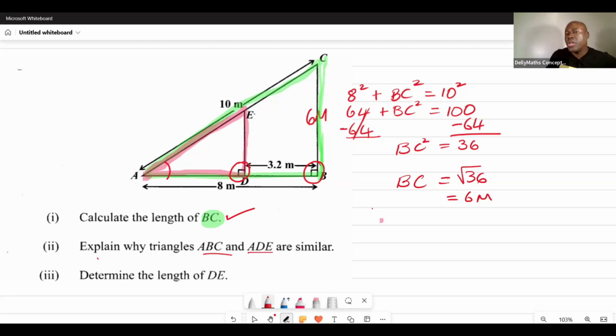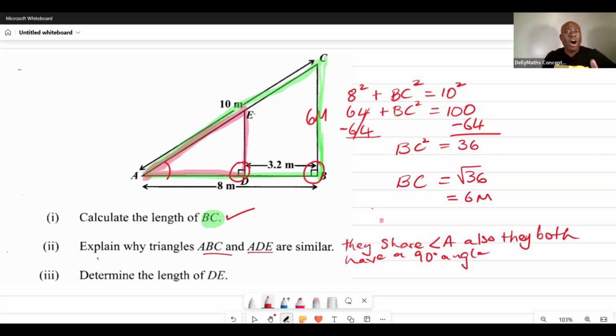So this is the reason: they share angle A, and they both have a 90-degree angle. So that's enough.